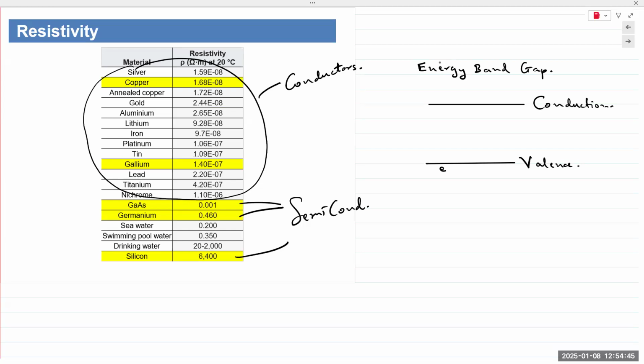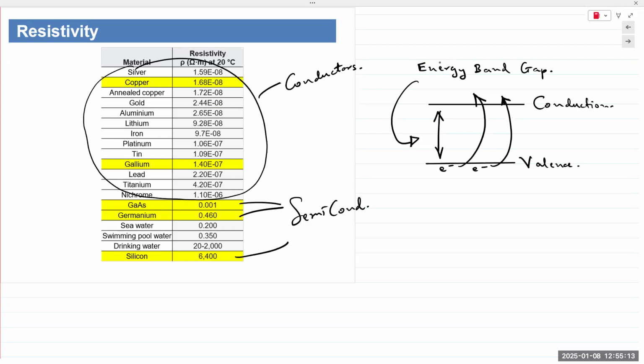So if an electron is here and receives enough energy to move up into the conduction band, it can now conduct. And the difference between these bands is known as the energy band gap.